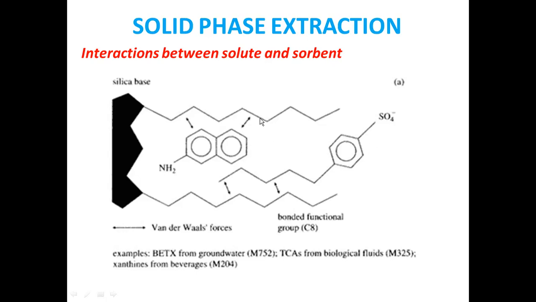Here, the octyl groups are hydrophobic, and the naphthalene ring is also hydrophobic. So hydrophobic interaction is possible between this naphthalene and the hydrophobic octyl group, and between this hydrophobic pentyl chain of the compound and the octyl chain of silica.